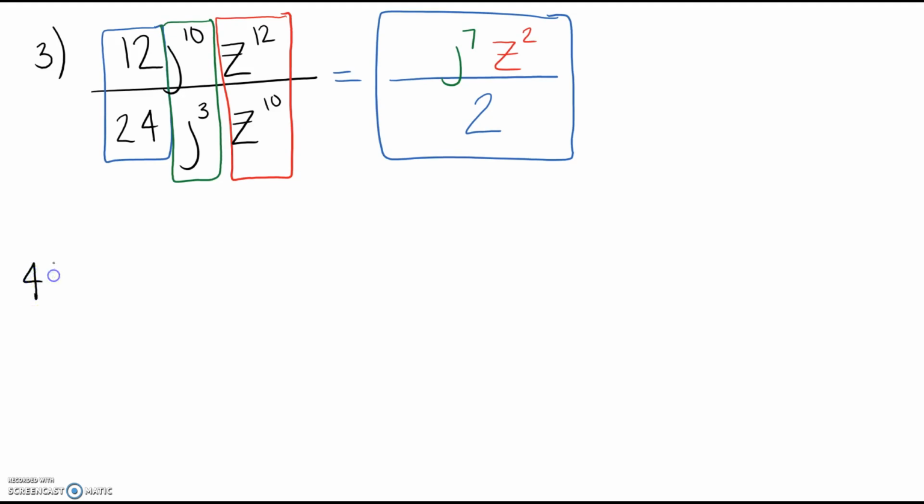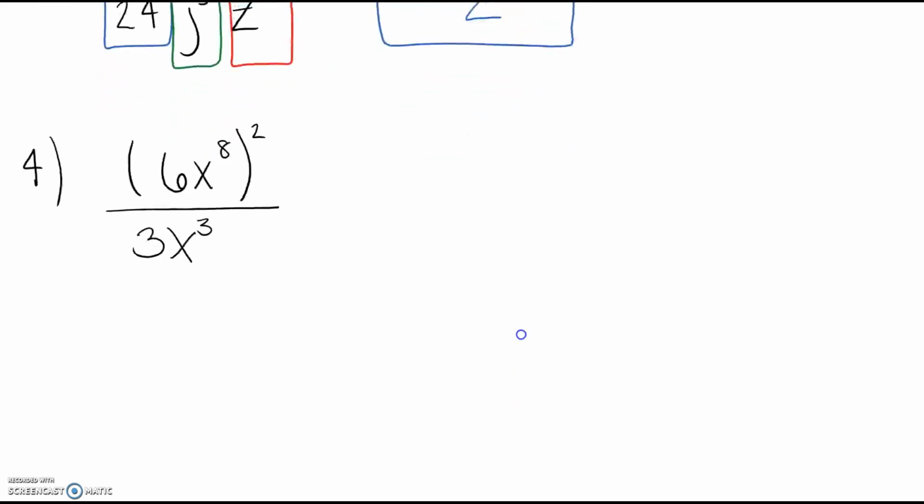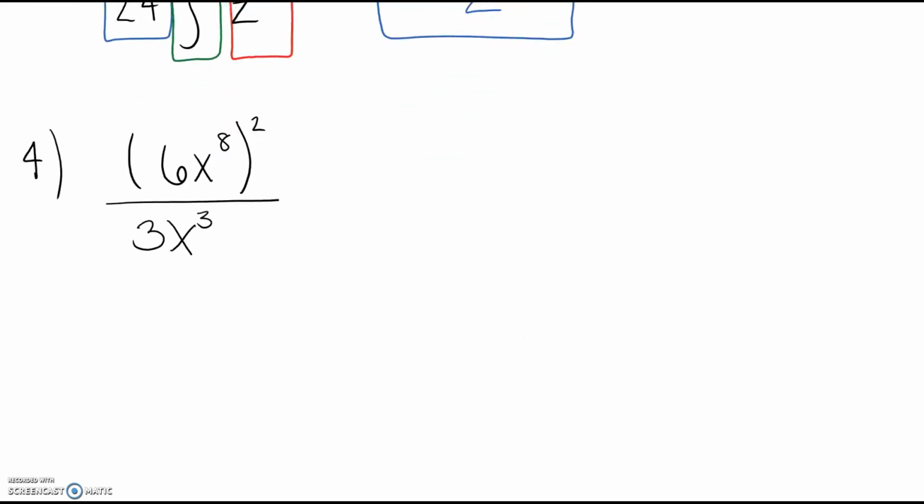Alright, example 4. Why don't you try to do this? Oh, no, I'll do it with you. Okay, so this example, we'll do parentheses 6x to the 8th all to the 2nd over 3x to the 3rd. So this one's slightly harder because of this exponent of 2. We can't just use the division property.